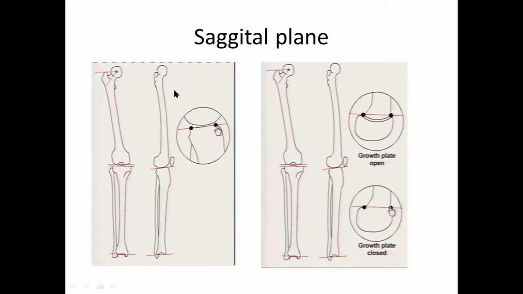As we saw, in the knee joint, the most prominent part of the tibial plateau is taken care of. This is drawn like this. And in the femur, when the epiphysis is not fused, we consider the anterior and posterior epiphyseal points, and from there we have to draw a plane.